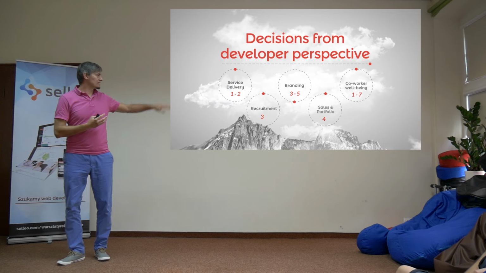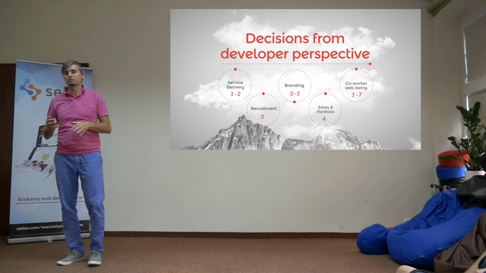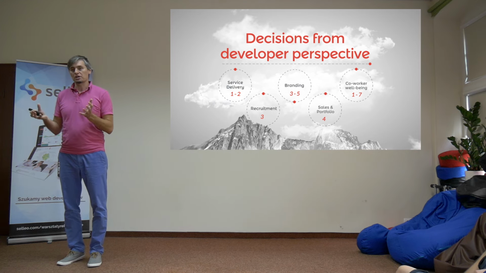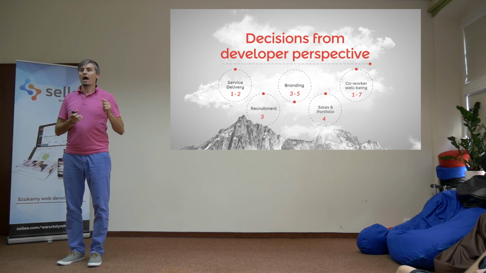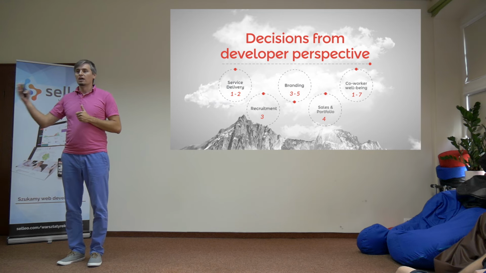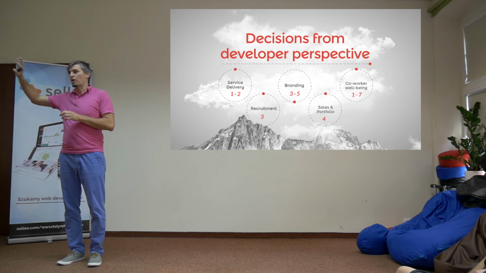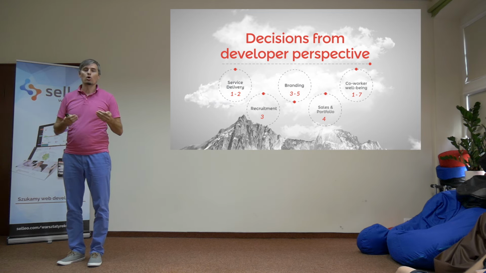If you take a look at service delivery, the place where you are developing software and creating some cool stuff, all decisions made in this circle are level 1 or 2. So either you just go as a developer to the leadership team and say, okay, I'm using this gem or doing something like this, or you are selling it to us to provide some reasoning. So there are no people from the outside world telling you what to do.